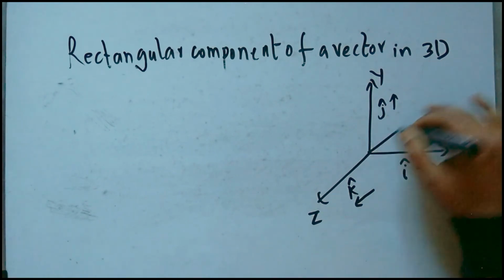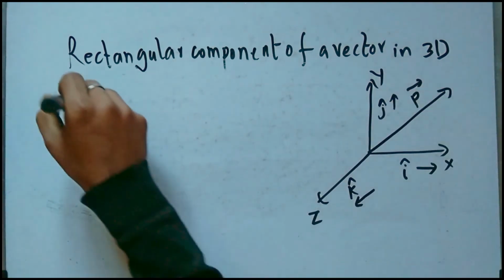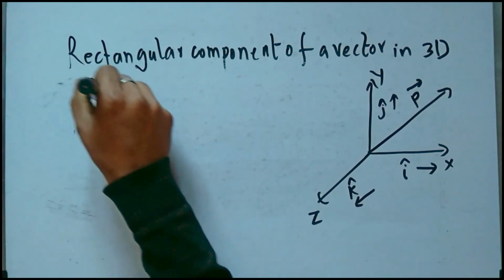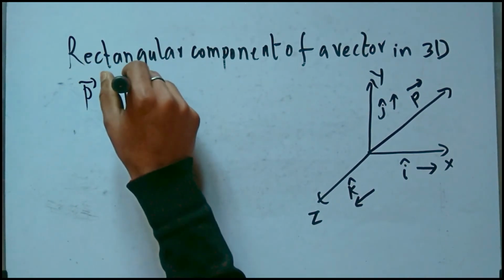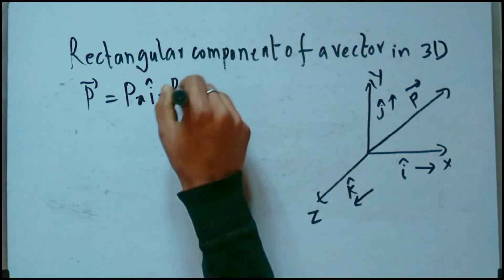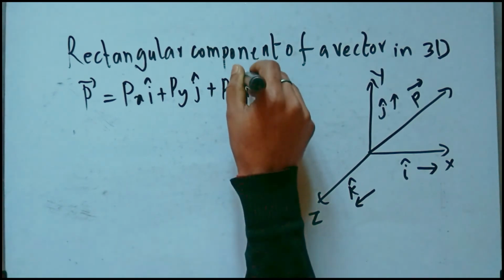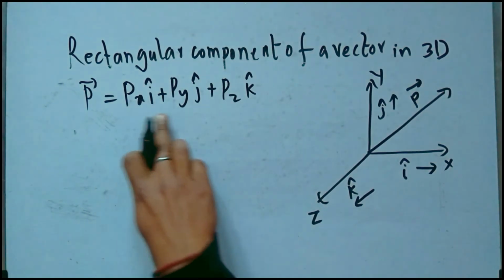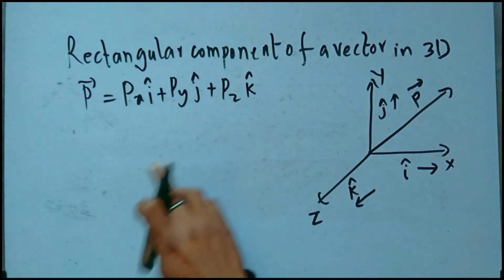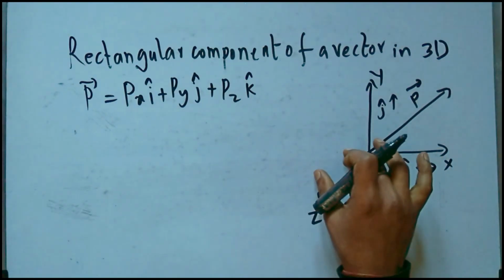Let us consider a vector P. So vector P can be written as Px i cap plus Py j cap plus Pz k cap, where Px, Py and Pz are the components in x-axis, y-axis and z-axis respectively.